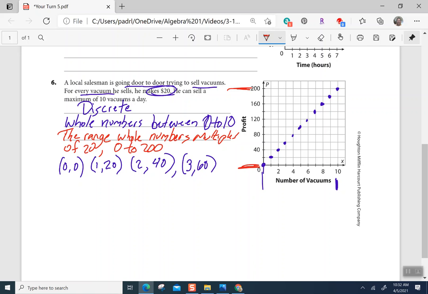There you go. So that's how you would answer it. Now, part B is going to be, how do you graph it?